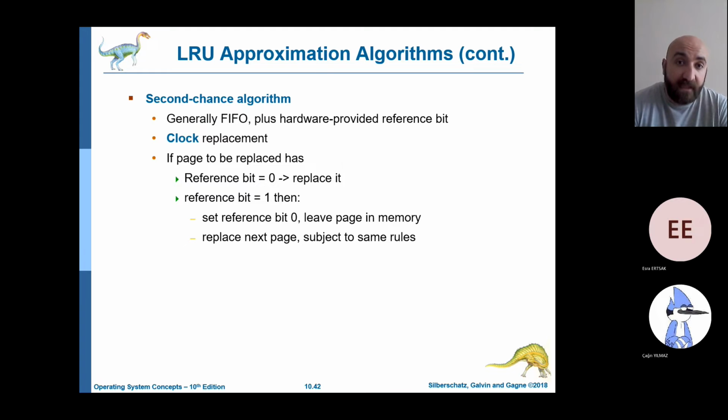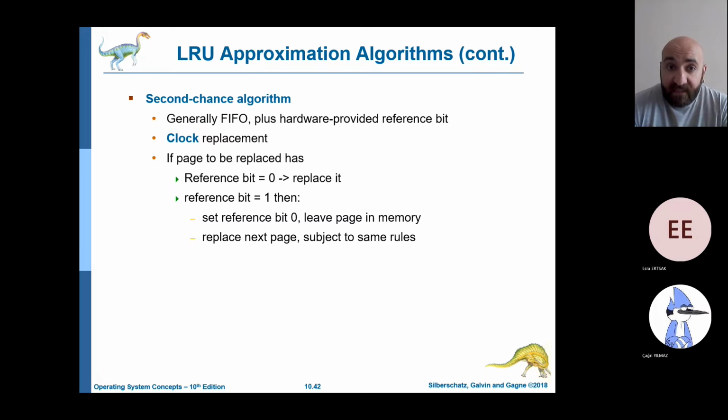When a page has been selected, however, we inspect its reference bit. If the value is 0, we proceed to replace this page. But if the reference bit is set to 1, we give the page a second chance and move on to select the next first in, first out page.